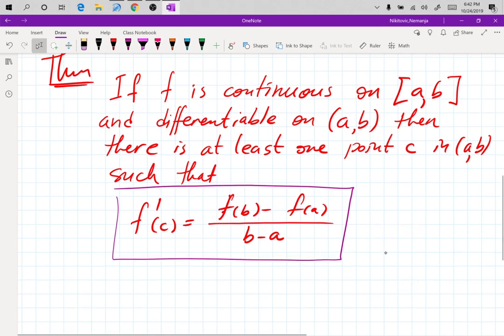So if the function is continuous, and I like to think about conditions, because on the exam, if I ask you to state the mean value theorem, a lot of students just write the formula completely ignoring the text. Text is important.